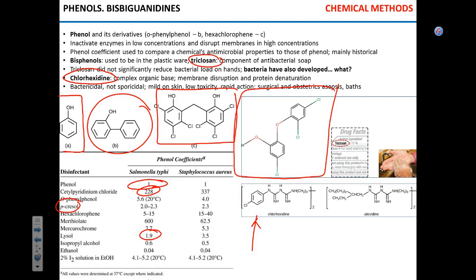Those of you who work in healthcare settings, whether it's emergency room, operating room, long-term care facility, dental office, you know that chlorhexidine can be used in all those environments. In long-term care facilities, chlorhexidine is used for patients' baths. It's gentle, non-irritating, and very efficient in preventing pressure wounds. In dental offices, chlorhexidine is used as a mouthwash.